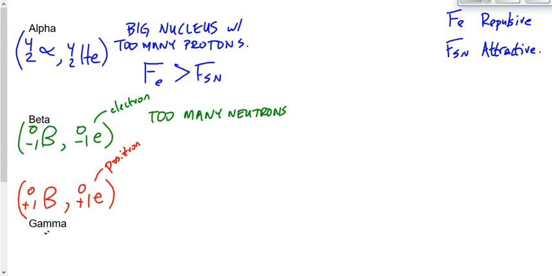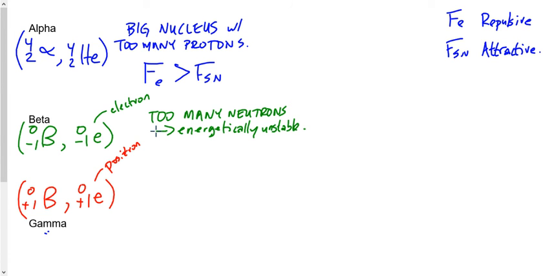It's not a force thing at all. It's an energy thing. The result of this is that the nucleus is energetically unstable. It doesn't like having too many neutrons. It's energetically unstable. So what do we do? We get too many neutrons.